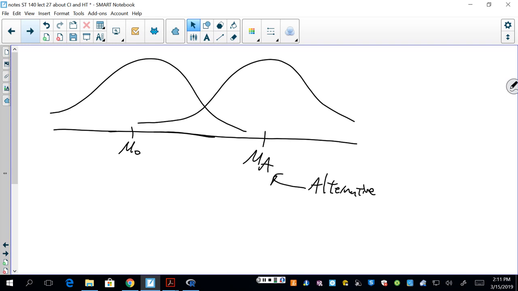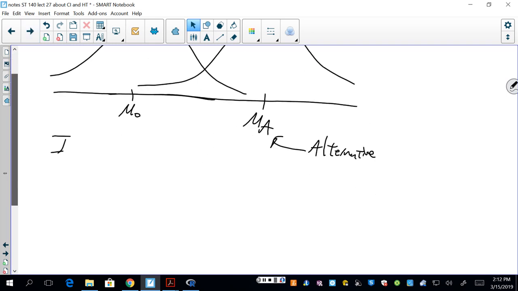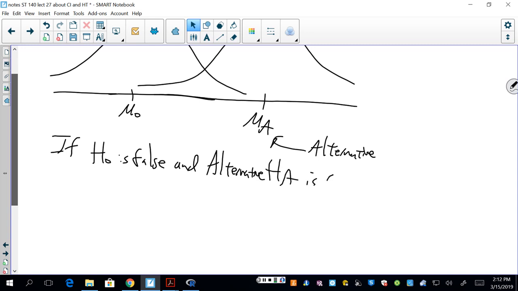Rejecting is a good thing: rejecting the null hypothesis in favor of something that's different. If H0 is false, and the alternative HA is correct, then we do want to reject.